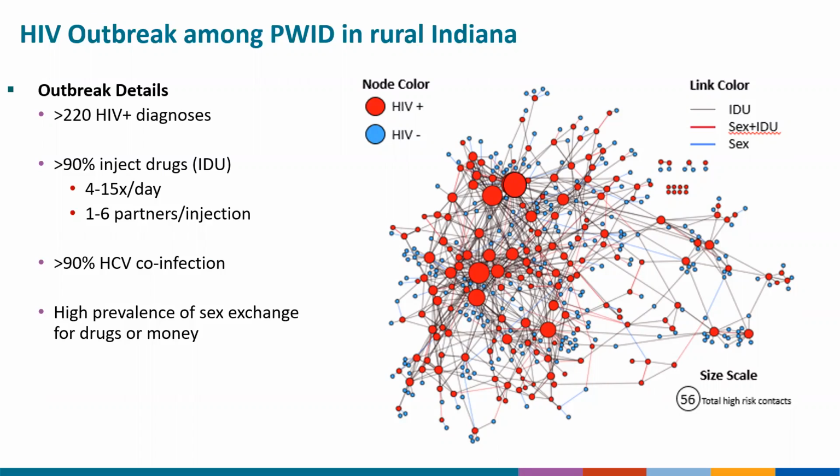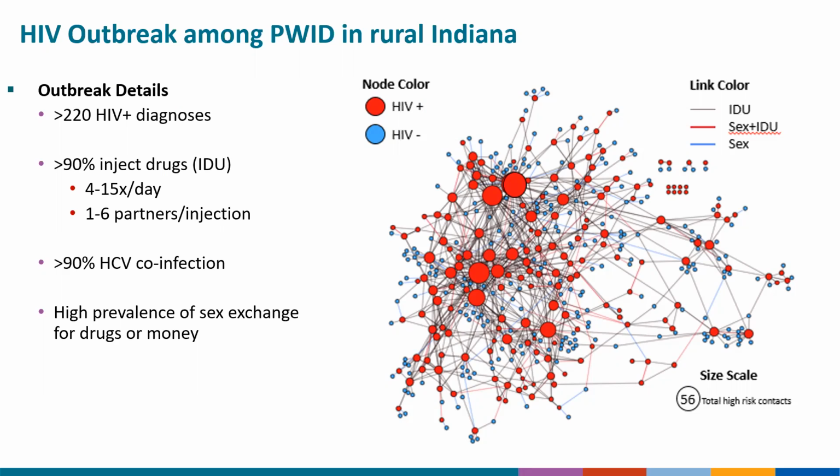And then they're colored by HIV infection status. So in this outbreak, there was a lot of injection drug use. People were injecting 4 to 15 times a day with 1 to 6 partners per injection event. And there was quite a lot of hepatitis C co-infection.